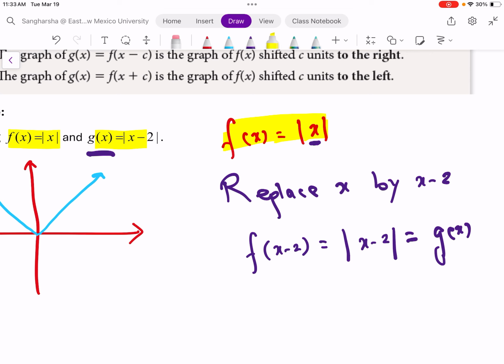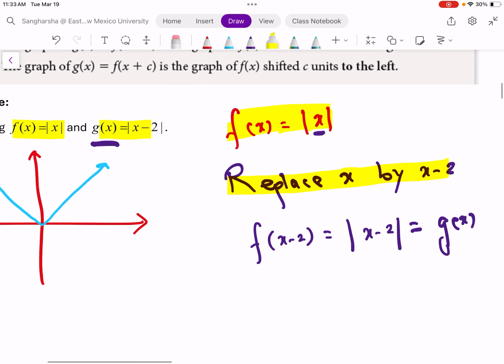Do you agree with this or not? If we replace x of a basic function by x minus 2, we get g of x. Now what does it mean? What happens to a graph when we replace our x of a function by x minus some number? Earlier we added a number or subtracted a number.